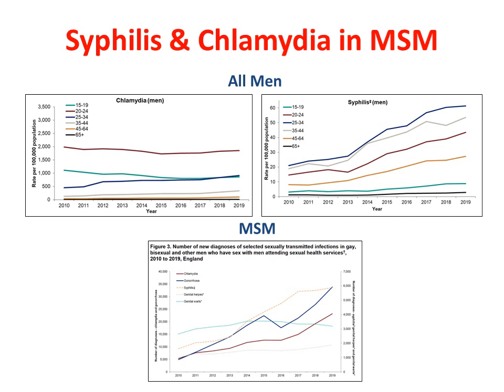The top two graphs in this slide show the epidemiology of chlamydia and syphilis in all men in the past decade. As you can see, the chlamydia graph is flat, and the syphilis graph shows significant increase in the population group. The lower graph shows syphilis, the dotted yellow line, and chlamydia, the dark red line, in MSM, showing significant increases in both in the MSM cohort.